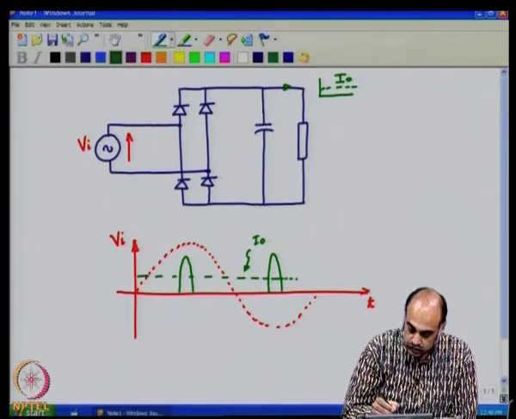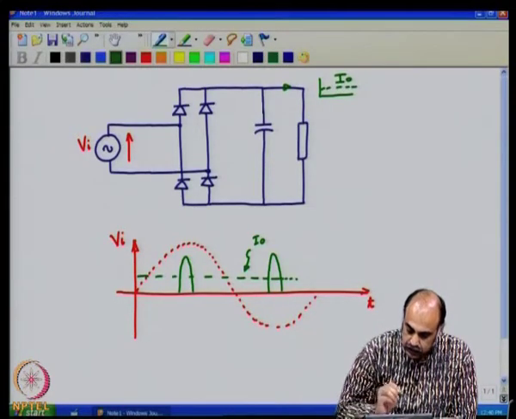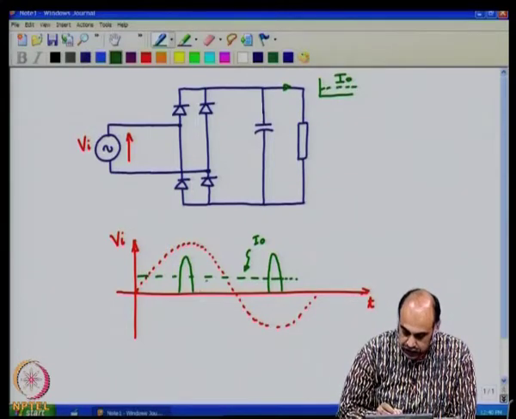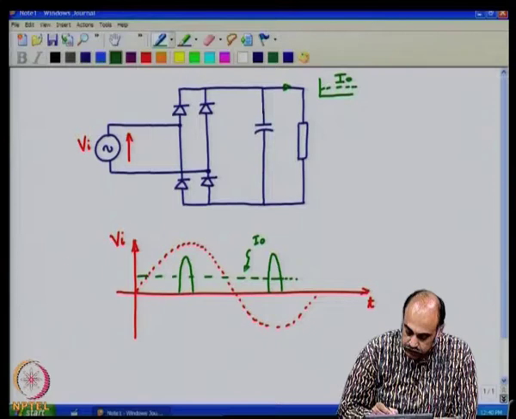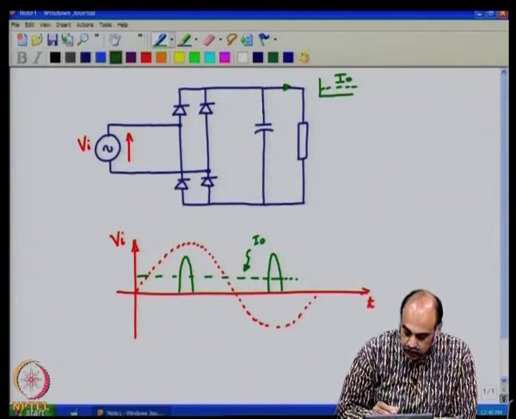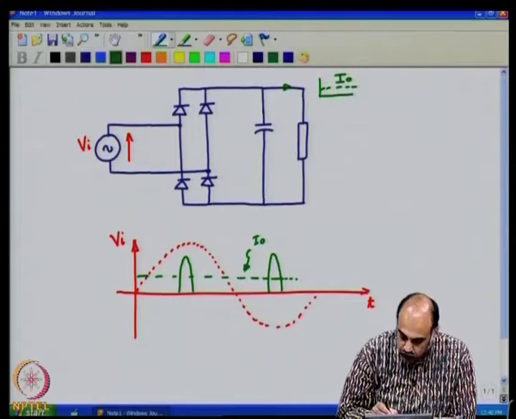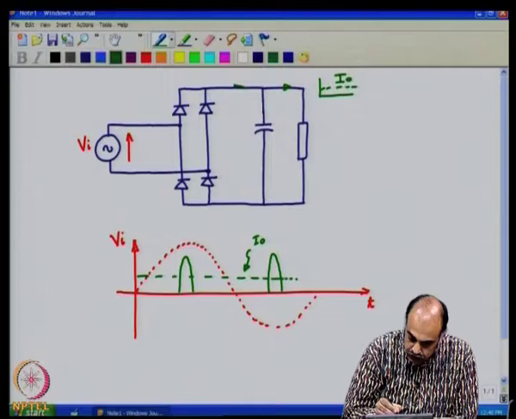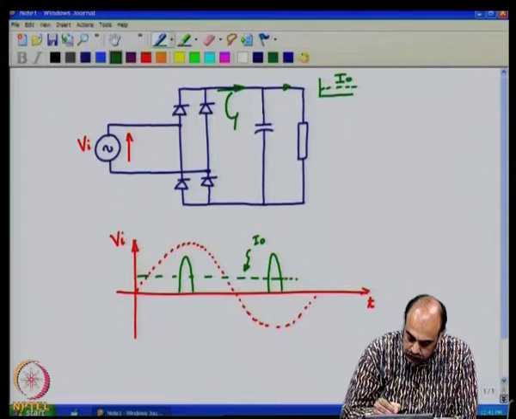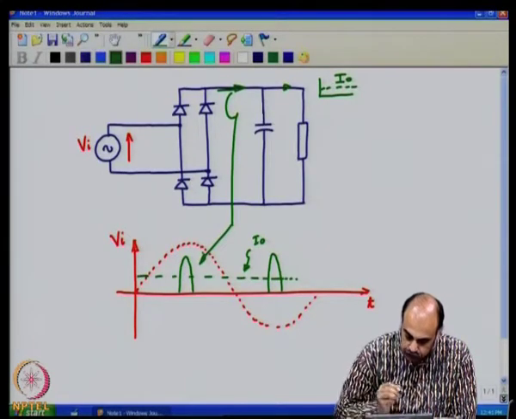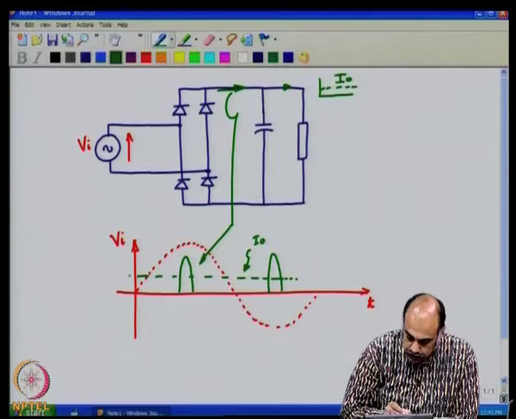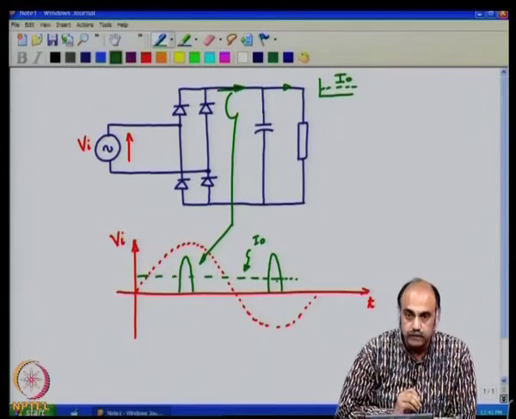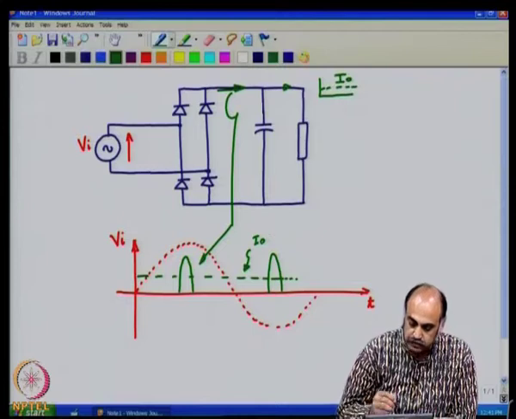Now, I must say that the current through the capacitance is actually an AC component, which is actually 0 with respect to this dotted line. So, the current which was here is the green one which I am showing, and let us say this dotted line here is the average.